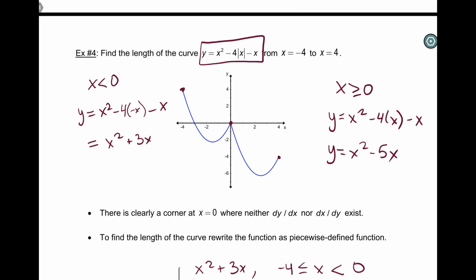So instead of getting a positive 3x, we get negative 3x. Instead of having x squared plus 3x, you would want to say x squared minus 3x.